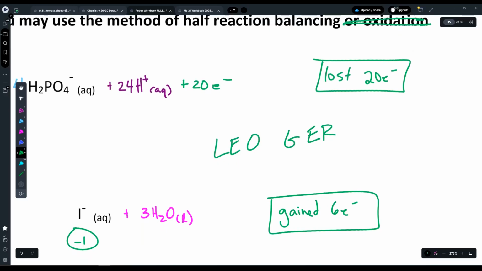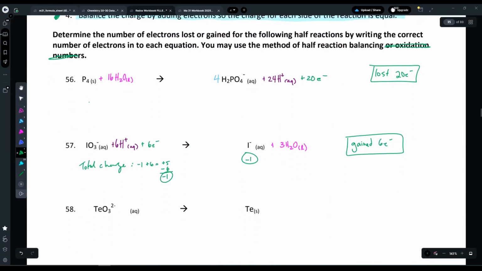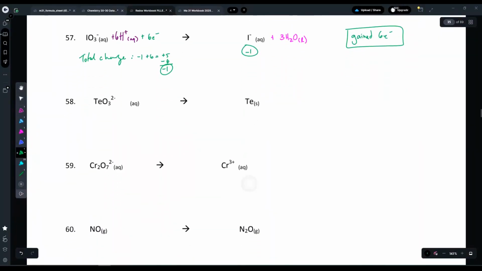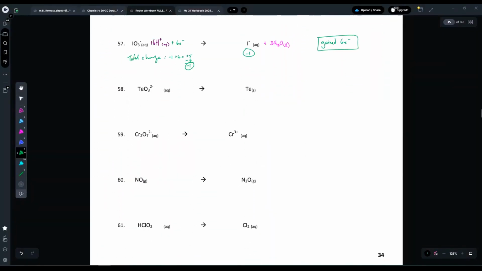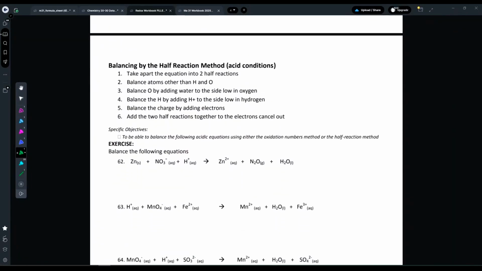So that's why the second example would be reduction, and then the first example would be oxidation, because losing electrons is oxidation. Okay, so we'll treat the rest of these as practice questions here. So now we can move on to balancing redox reactions using this half reaction method.